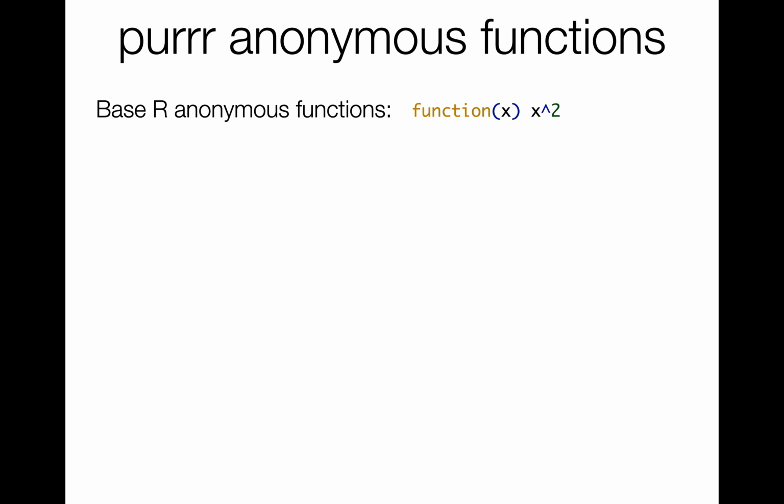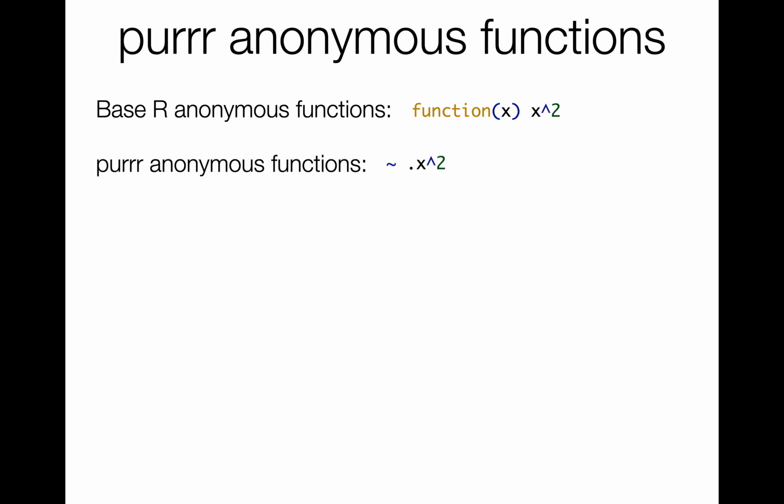So Purrr provides its own anonymous function syntax. The Purrr anonymous function looks like this. It always starts off with a tilde, and that starts the lambda expression or the anonymous function, and then there's some dot involved.